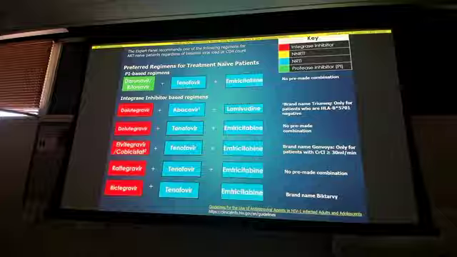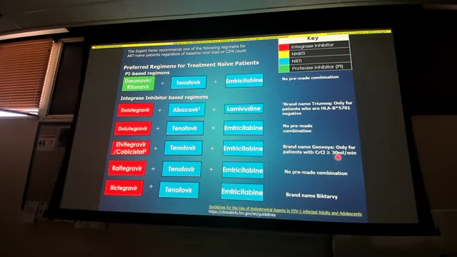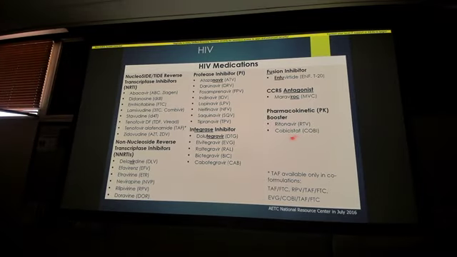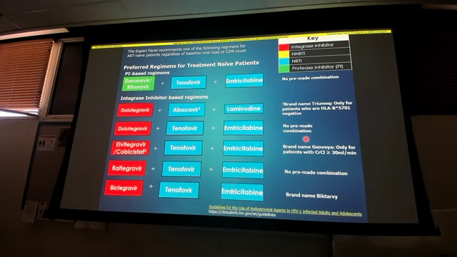The other thing that you're watching out for is if you see cobicistat, they need to have a creatinine clearance that is over 30 because otherwise the drug will not work. Cobicistat is one of our boosters that we have, okay? So we need to watch out for that creatinine clearance, all right?